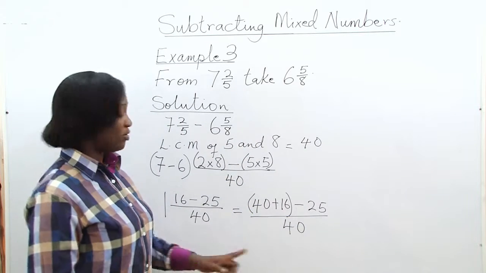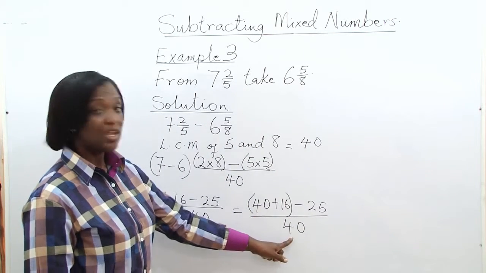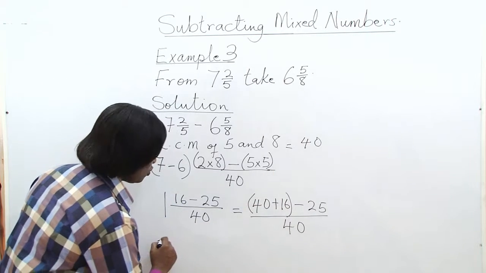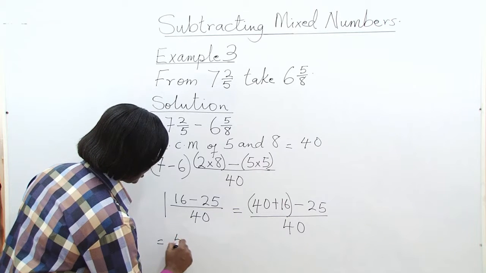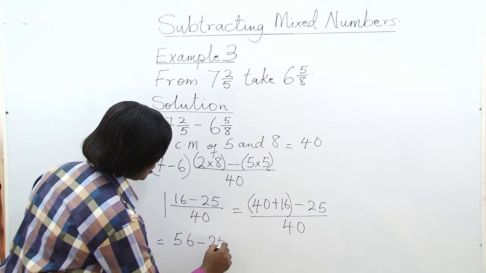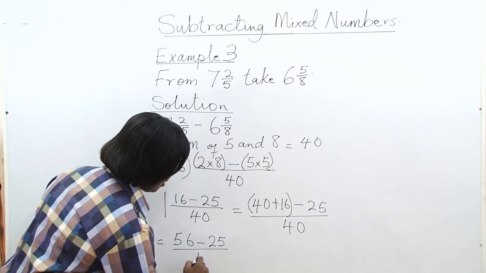So the one we have borrowed is the 40 out of 40 here. 40 plus 16 will be equal to 56, take away 25 over 40.